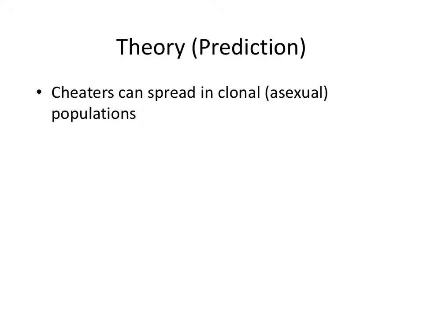Go for it. So cheaters can spread, this is just a theory, in asexual populations. Cheaters are basically mutants. A cheater type of cell is different from a cooperator cell, and they're genetically different. The theory is that if you were a cooperating cell in a multicellular organism, doing things that benefit the greater good, you could get a mutation that would cause you to cheat.